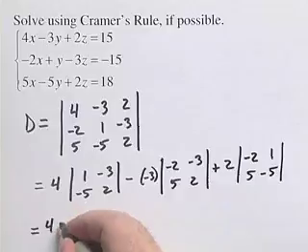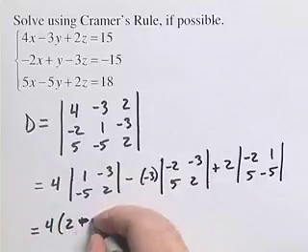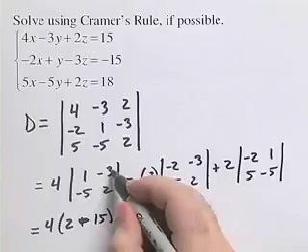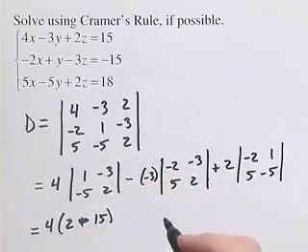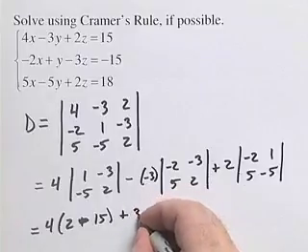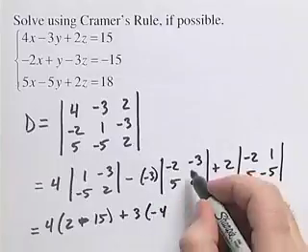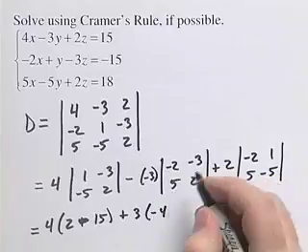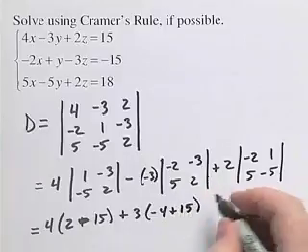So we'll get 4 times 2 minus 15. So we'll have negative 3 times negative 5 is positive 15, so we'll just have 2 minus 15. Minus a negative is going to give us plus 3 times negative 2 times 2 is negative 4. Negative 3 times 5 is negative 15, and we're subtracting, so we get plus 15.